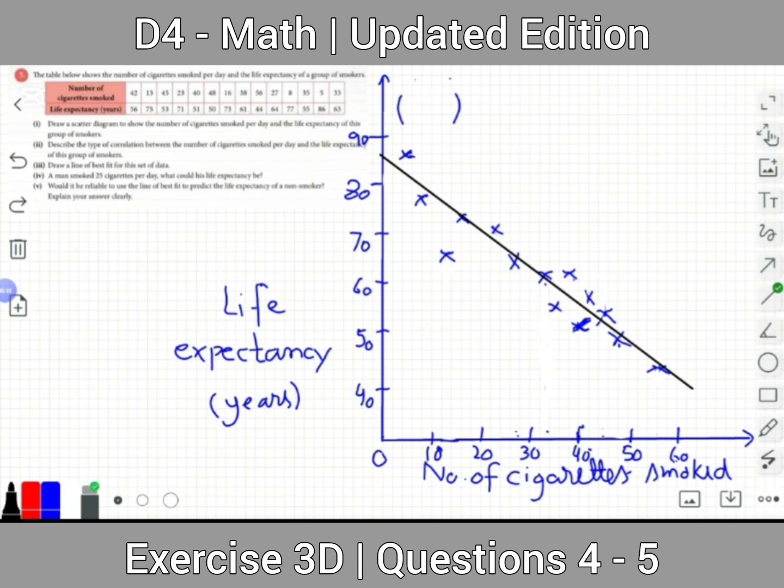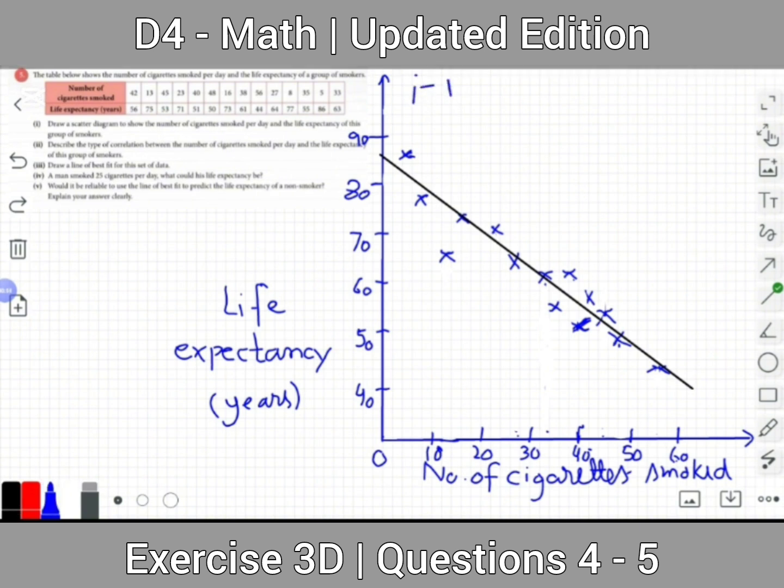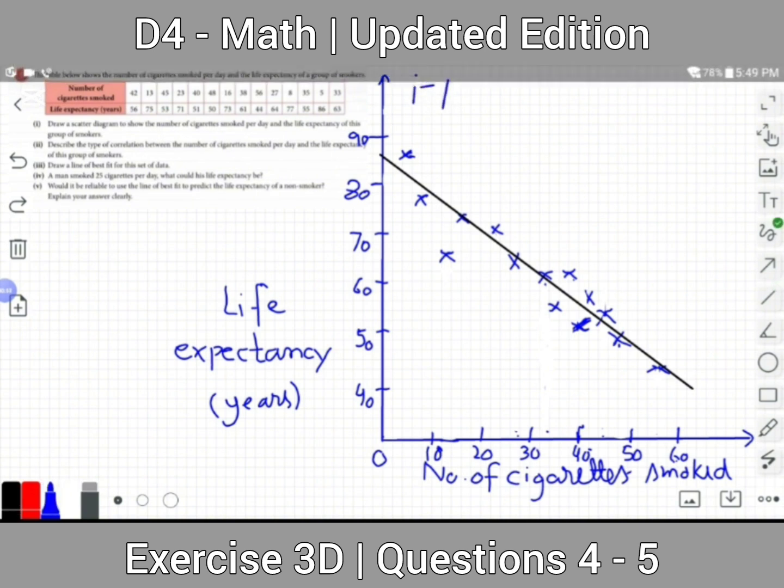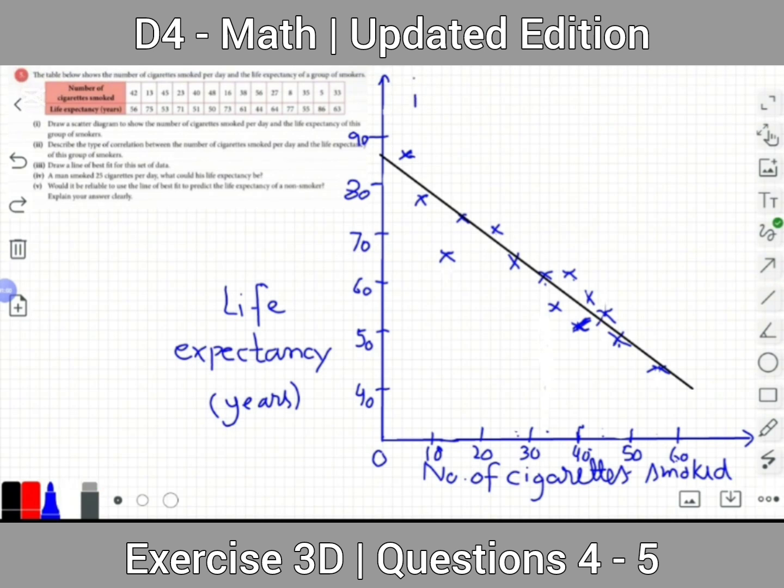Now in part 4, a man smoked 25 cigarettes per day. What could his life expectancy be? From 25, here we have 22, 24, 26, and 25 somewhere here.